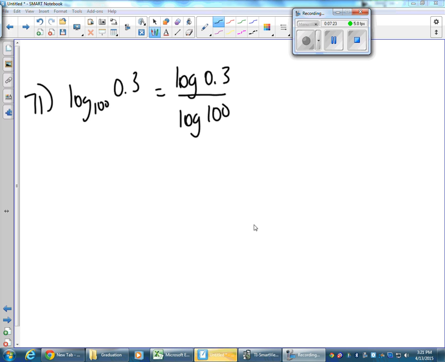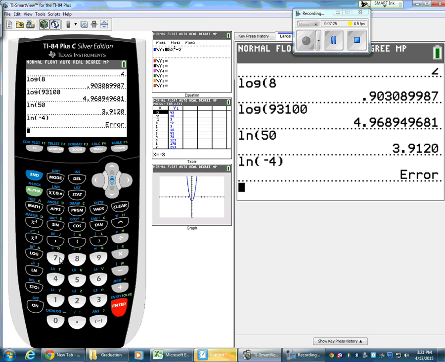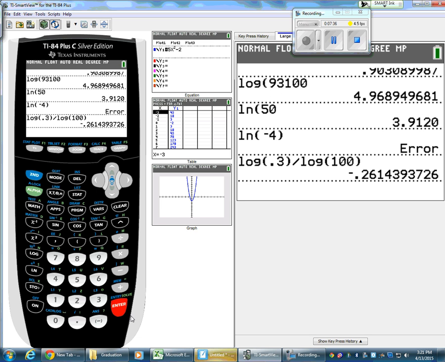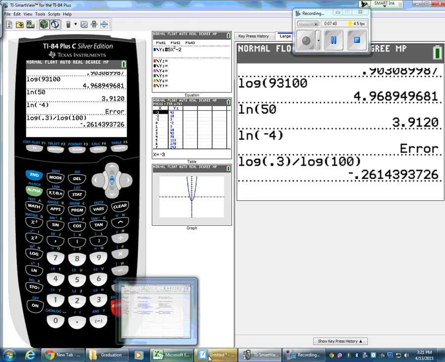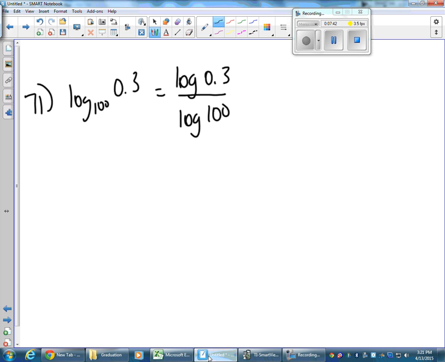So on the calculator, I would type in log of 0.3, close my parentheses, divided by log of 100. And I would get around negative 0.2614, if I round to 4 decimal points. In other words, 100 to the negative 0.2614 power is about 0.3.